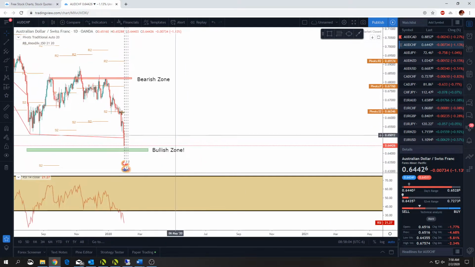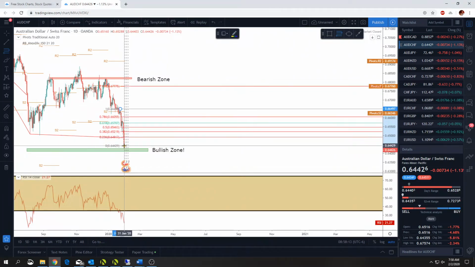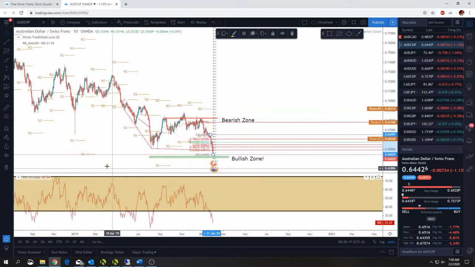And with this strong of a bearish move, one has got to be coming up. If we kind of go from this last partial consolidation, we could get a good pullback. So if we start to see strength in Australian dollar or weakness in Swiss franc, I'm going to look for this pair to have a good solid pullback.